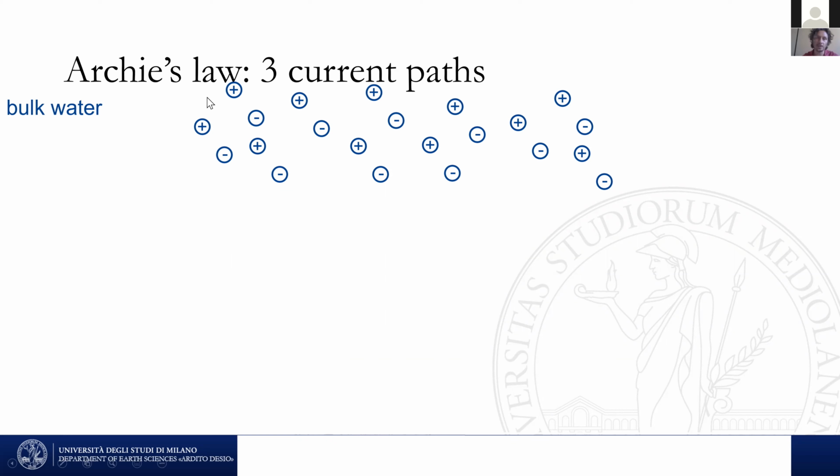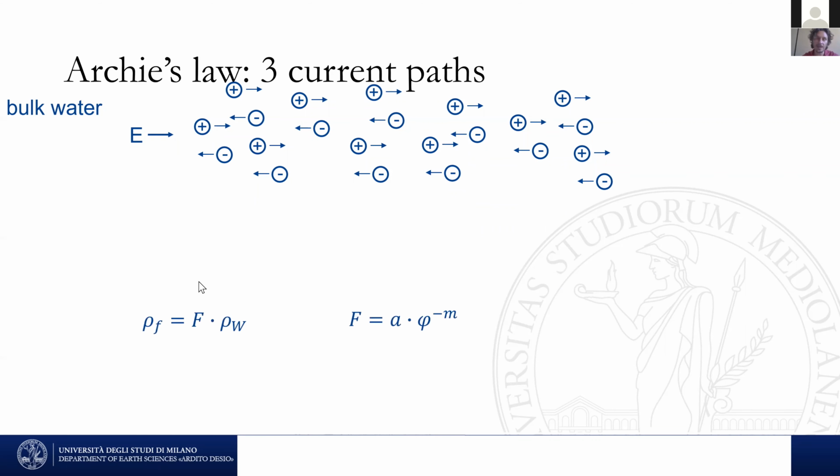So if we turn on an electrical field, we will have our ions that flow in the fluid, and this current is going to be the current that gives Ohm's law practically. And here what we can say is that the formation resistivity depends on the water resistivity through the formation factor, and the formation factor depends on the porosity and compaction of the medium.